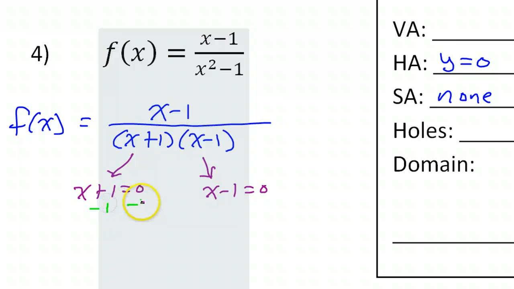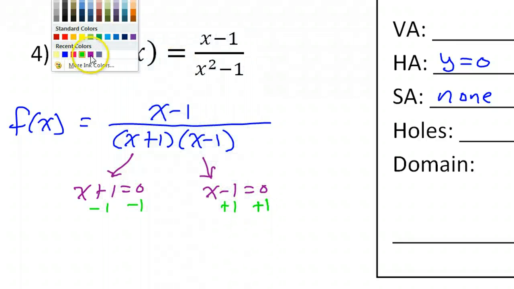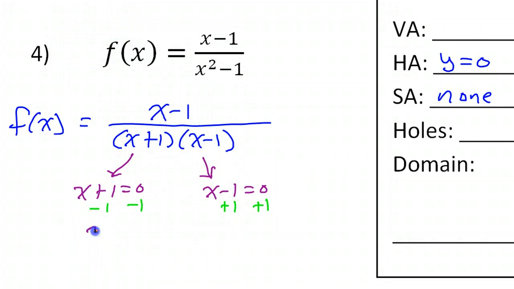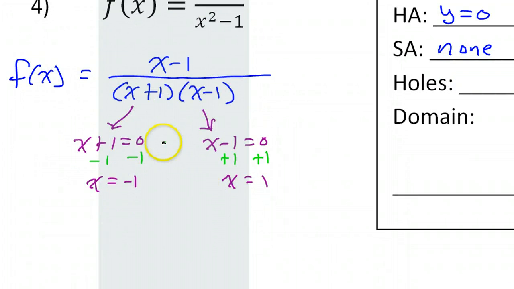Here I would subtract 1 from both sides. Here I would add 1 to both sides. So that would give me x equals negative 1. And that will give me x equals positive 1. And under certain circumstances, I would have 2 vertical asymptotes. However, I will not have 2 vertical asymptotes this time.